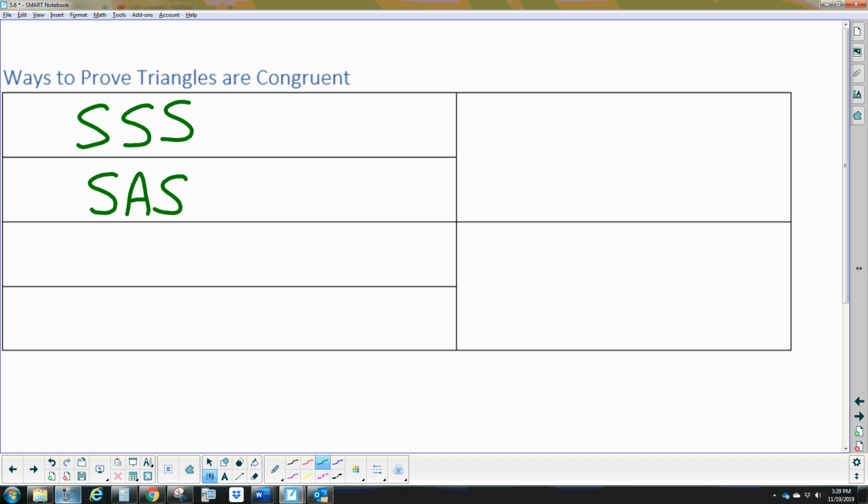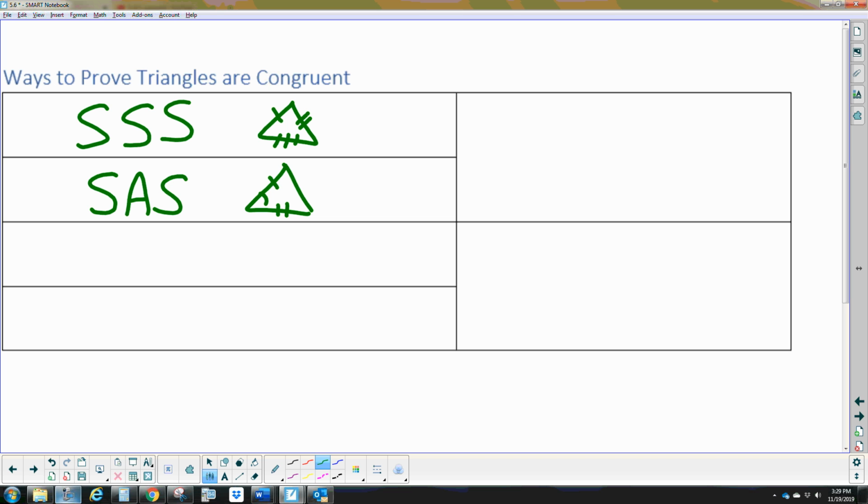So 3 sides congruent to the 3 corresponding sides in the other triangle. Or side, angle, side, where we have a side, an included angle, and another side, congruent to a side, an included angle, and another side.